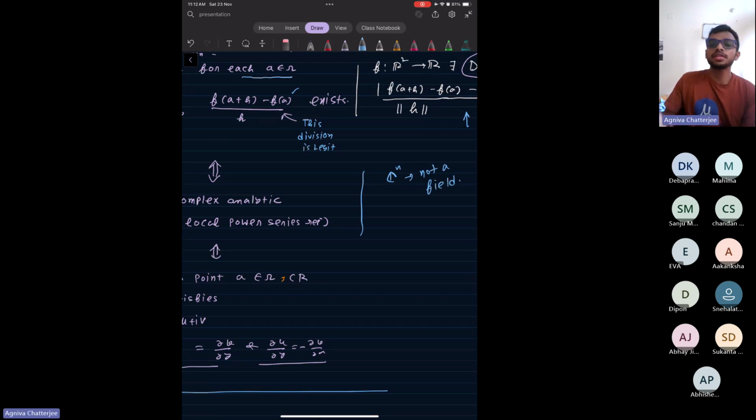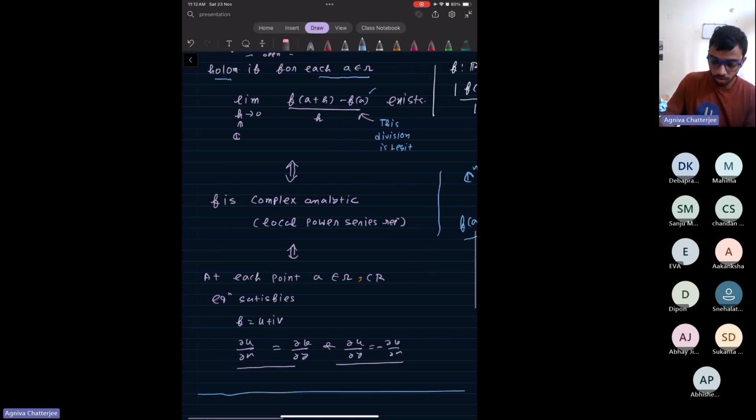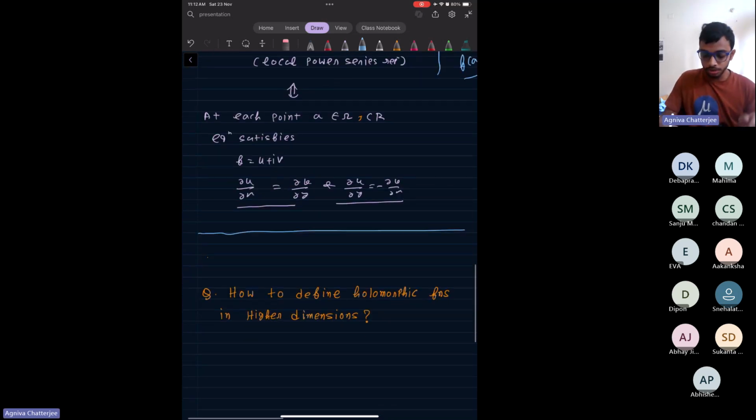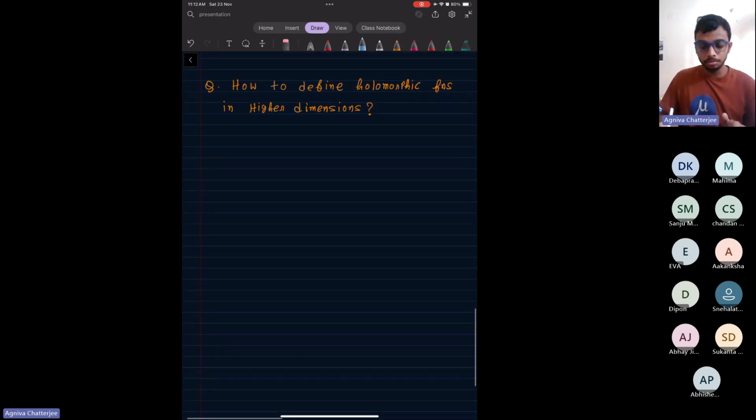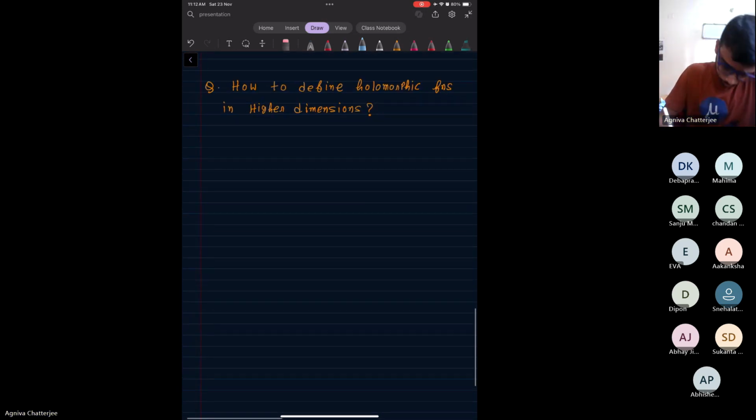So you are facing the same problem as Rn, that you are not able to define this quotient, because this division will not be legitimate if I allow h to be in Cn. So you cannot do that. So what is the way out? The question is, how do you define a holomorphic function in higher dimension? That's the main point of today's lecture.